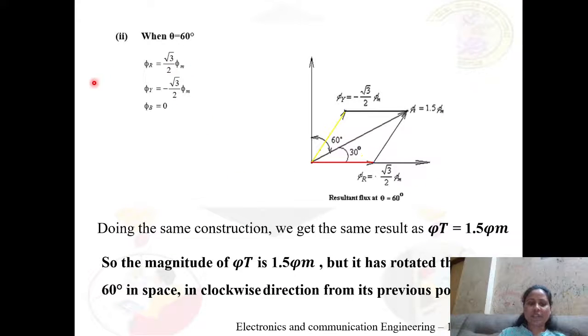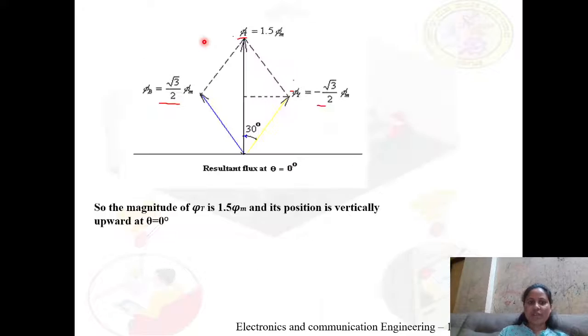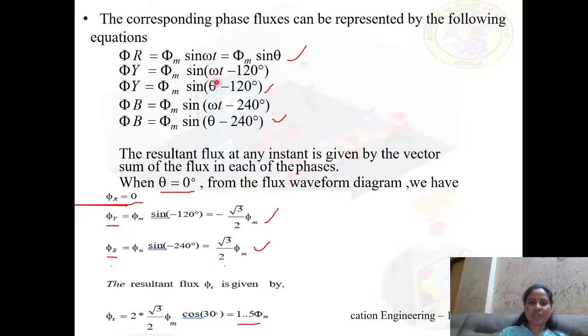Now let us take a different position of the flux, that is, consider theta at 60 degree. We substitute 60 degree in all these three equations. The first equation becomes phi m sine 60, the second becomes phi m sine of minus 60, and the third becomes phi m sine of minus 180 degree.